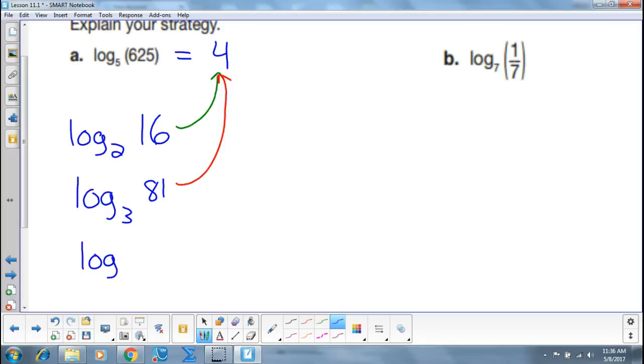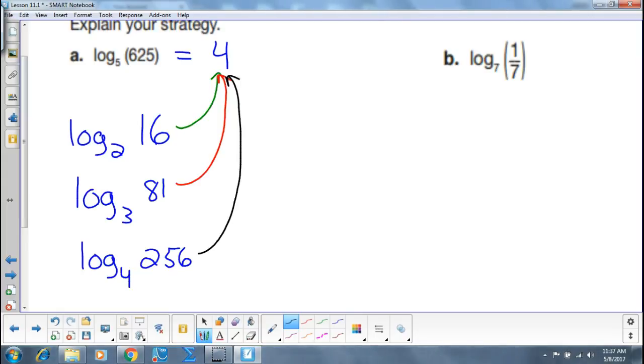Log base 4 of what? That's 256. We did it earlier in one of the problems. 256. All of those are equal to 4, right?